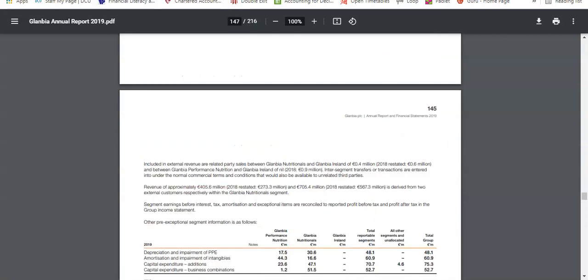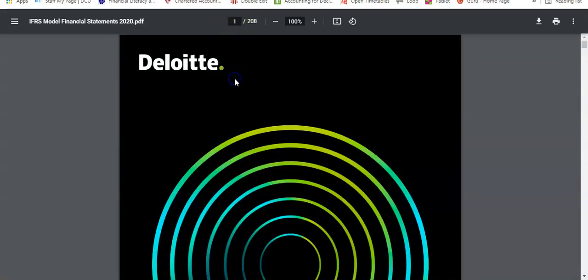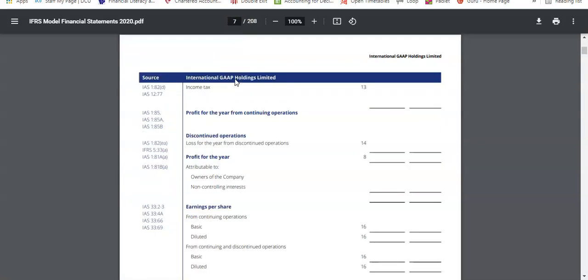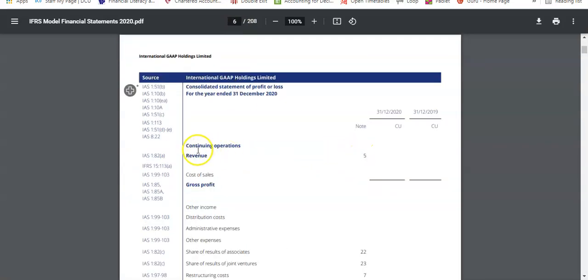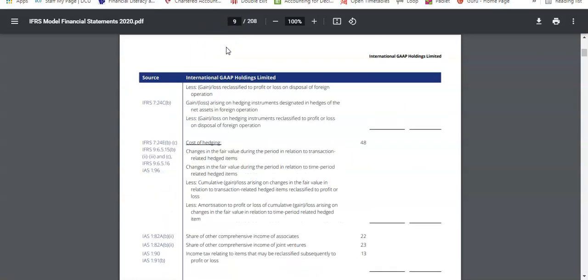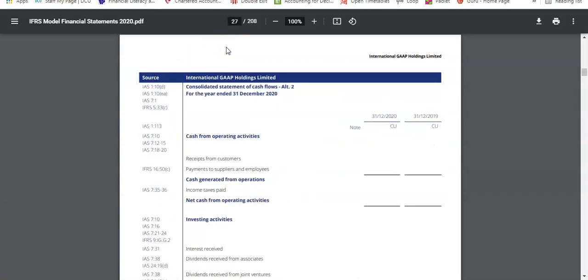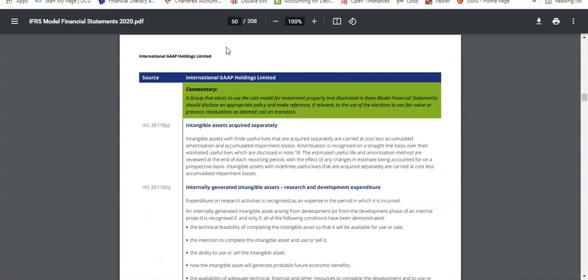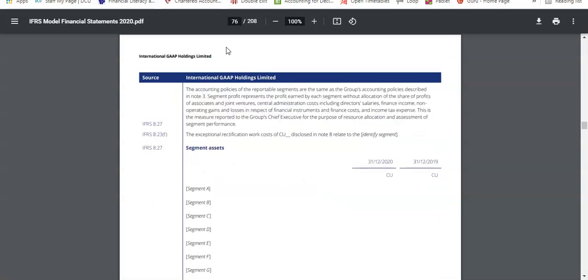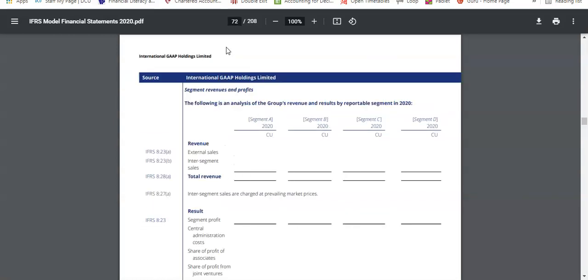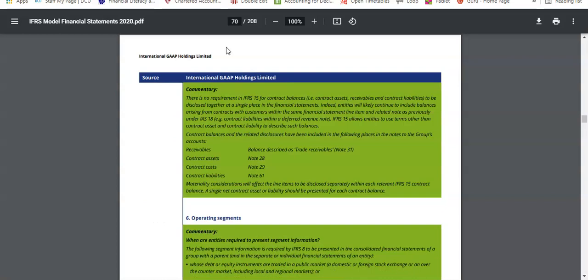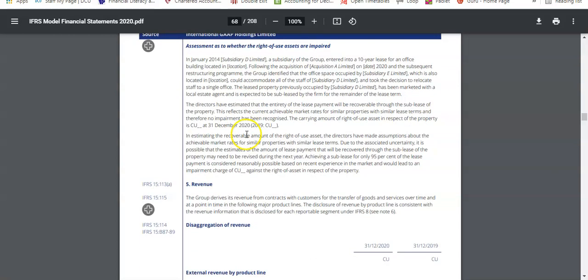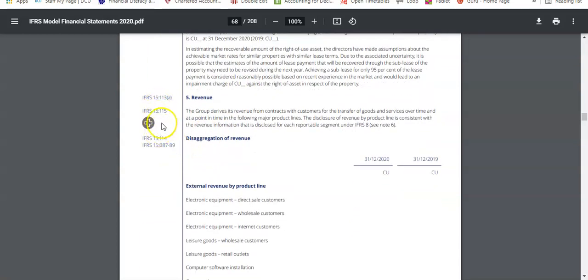So it's interesting just to have a look at a couple of them. And the model financial statements are probably the best one to show you the reference. So note 5 for revenue, and we go to note 5. So note 5 here, revenue, and you can see IFRS 15.